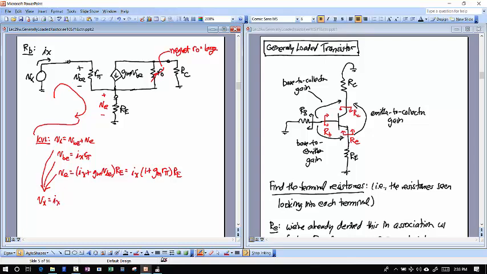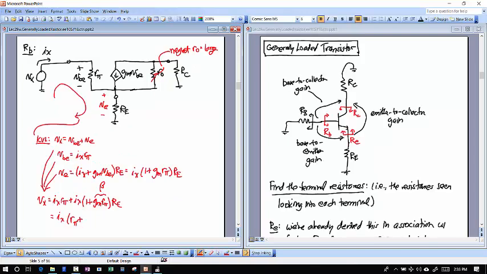That's going to be Ix times R pi, which is my VBE, plus Ix times 1 plus quantity GM times R pi times that RE resistance. If I factor out the Ix, I'm going to get Ix times R pi plus this GM times R pi I can recognize as just beta. Make the beta a bit bigger.